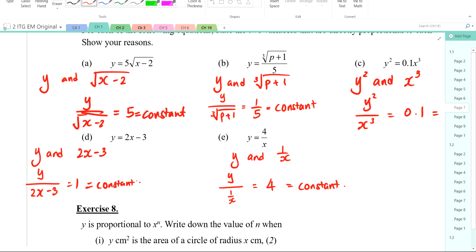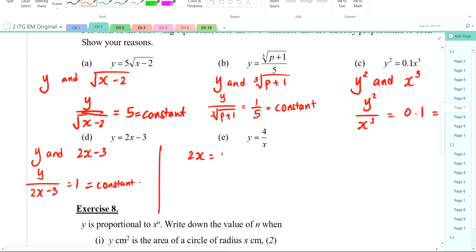Actually, these are questions where there are different answers. There is more than one answer. Okay? For part D, I will now give you an alternative answer. I can manipulate 2x equals y plus 3.